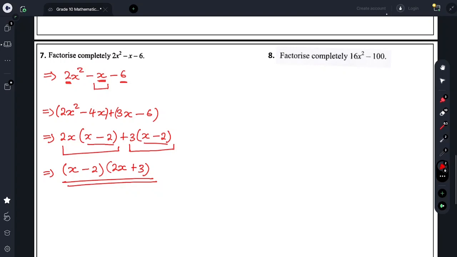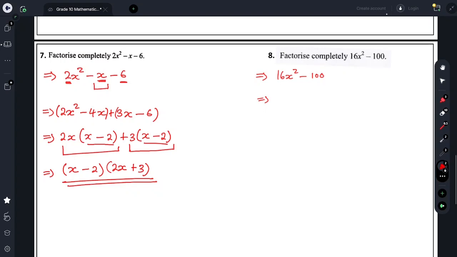So here we'll say equals, then like factorize completely 16x squared minus 100. So we have 16x squared minus 100. Okay, so the first thing to do here is to look for a common factor which can go into 16 and 100.